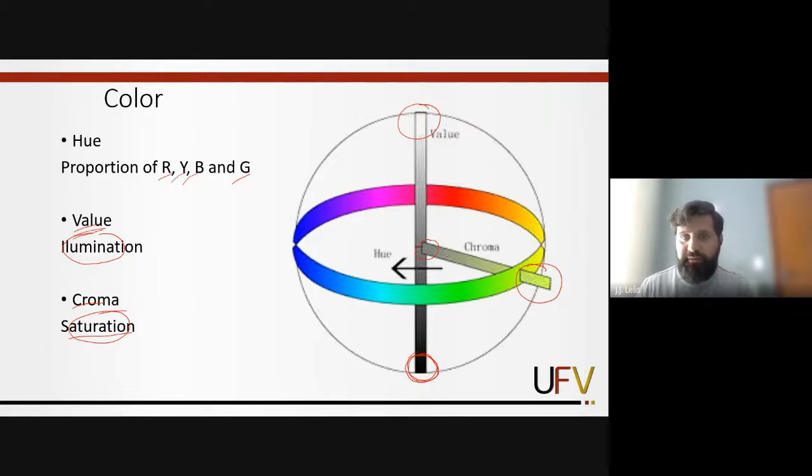We can see several soils that have low saturation and high saturation, low value or high value. They both change from 0 to 10. So we can have low value or low chroma and high value and high chroma. They express several properties of the soil.